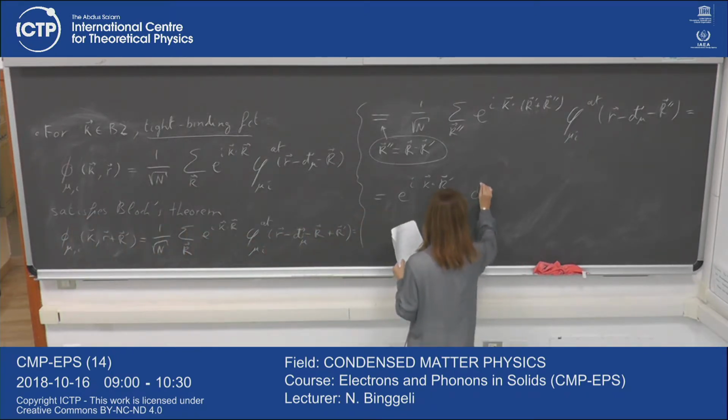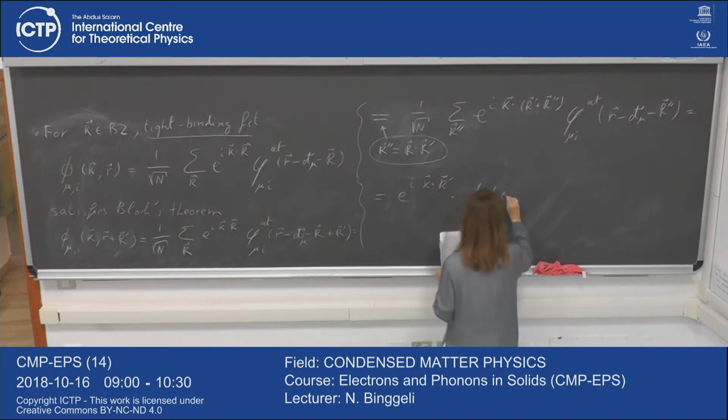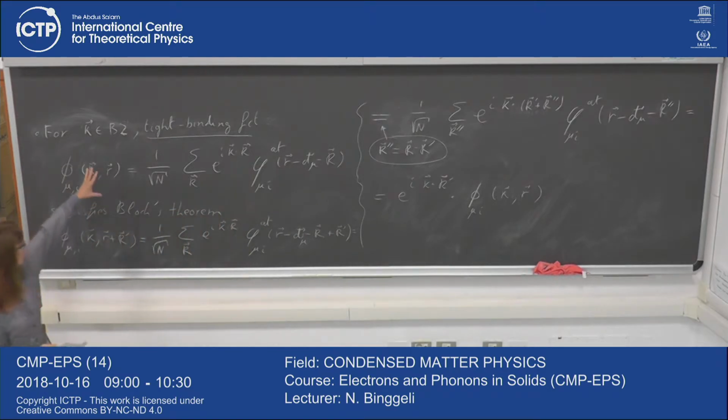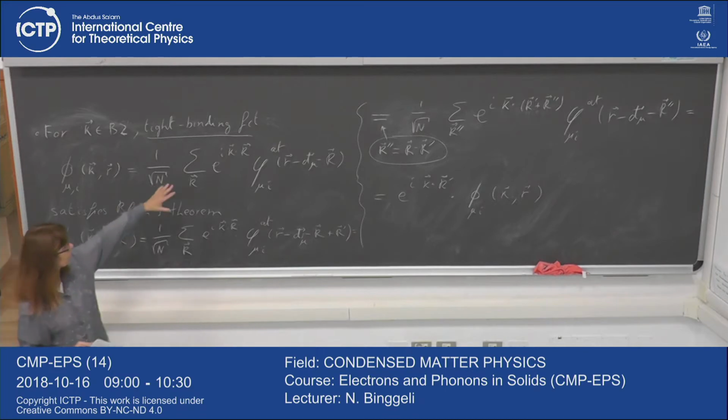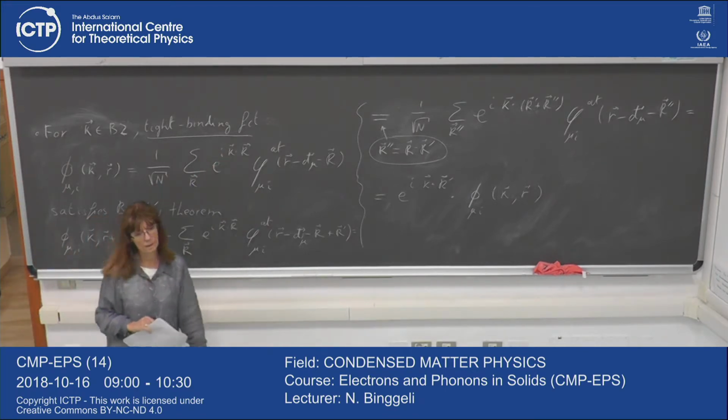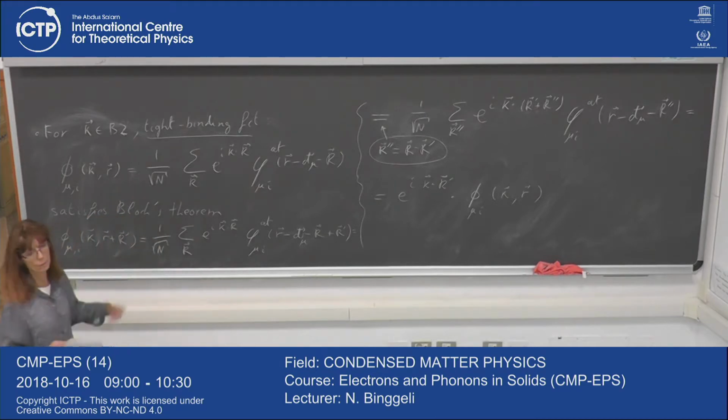So this is just phi mu I of k, r. So indeed, my state written this way as a linear combination of this atomic orbital with this phase as coefficient is a Bloch state. It satisfies the second form of Bloch theorem.